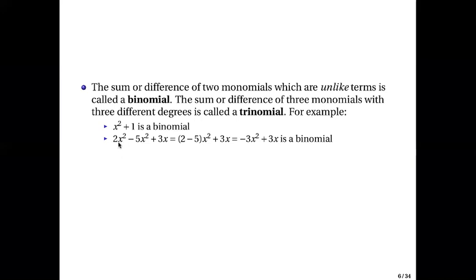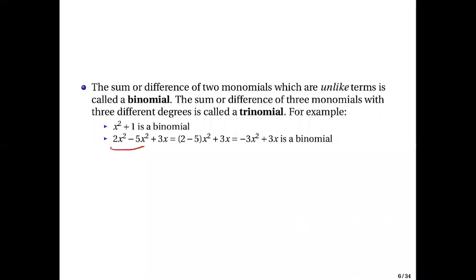In here, you have 2x squared minus 5x squared plus 3x. So as you can see, you are adding or subtracting three monomials in here. But if you look at these two, you have x squared here, and also x squared here. These two you can combine because they are like terms.